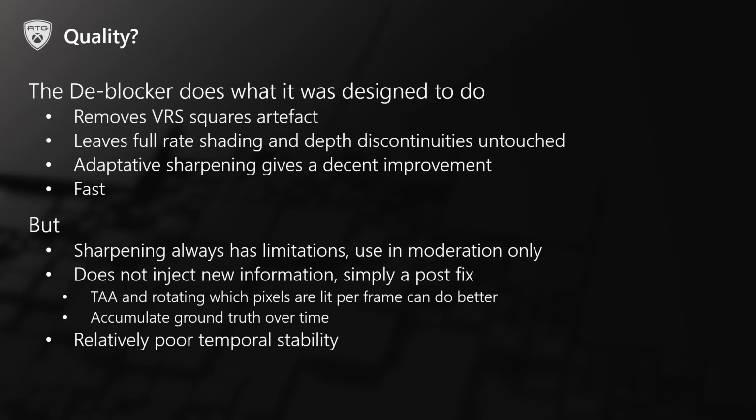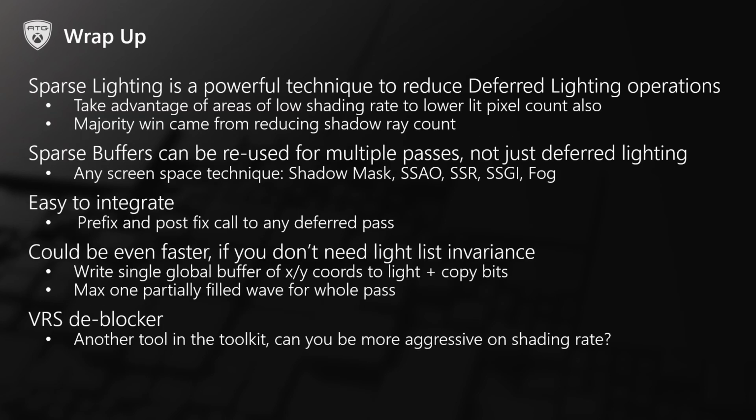So wrapping up the talk. Sparse lighting or variable rate compute shaders is a very powerful new technique to reduce lighting operations, and this means reducing the number of rays you fire. We're taking advantage of the fact that we know there are areas of the screen where we can reduce the frequency of lighting.